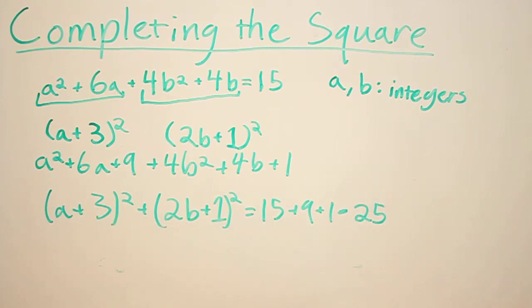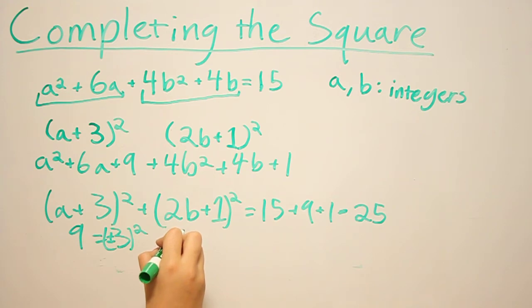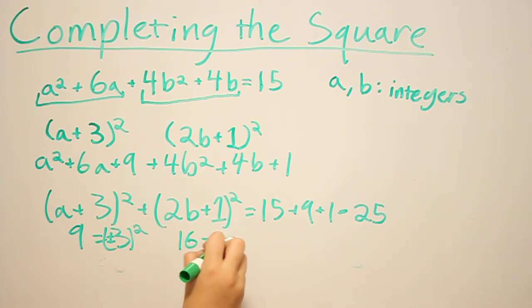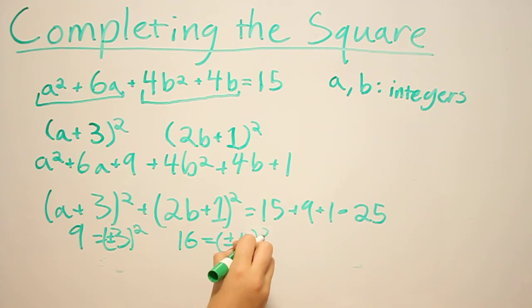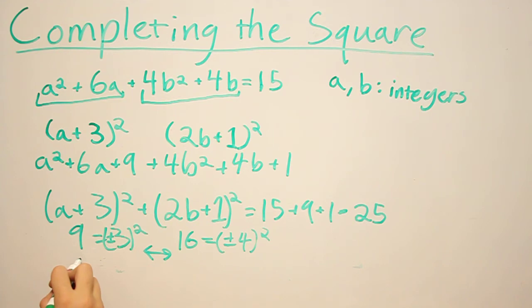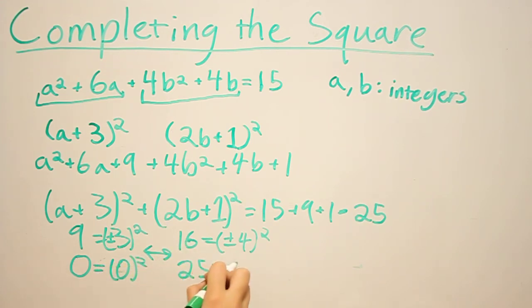So this could be 9, which is plus or minus 3 squared, and then this would have to be 16, which is plus or minus 4 squared. And you could also have these the other way around. And you can't forget the possibility of this being 0, which of course is just 0 squared, and 25, which is plus or minus 5 squared. And again, you could switch these.